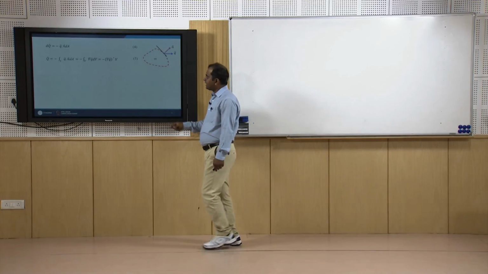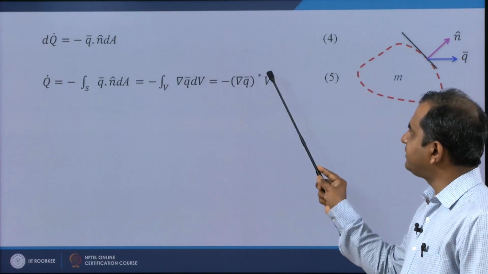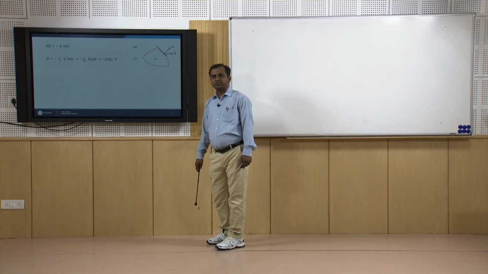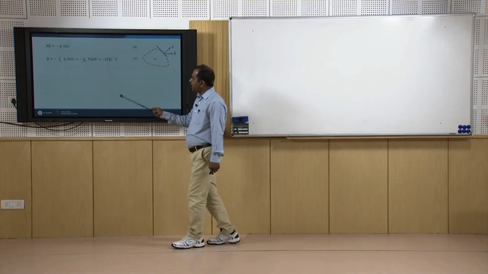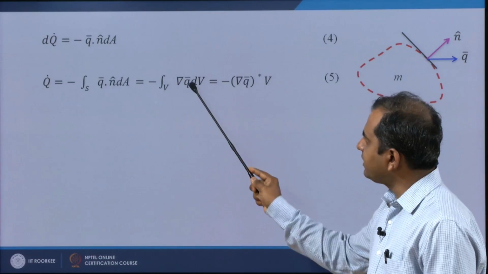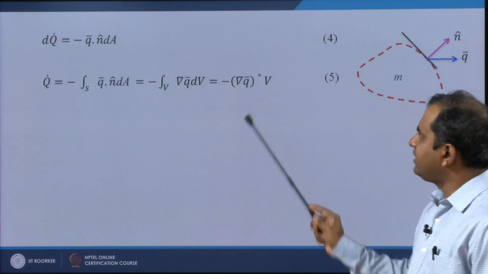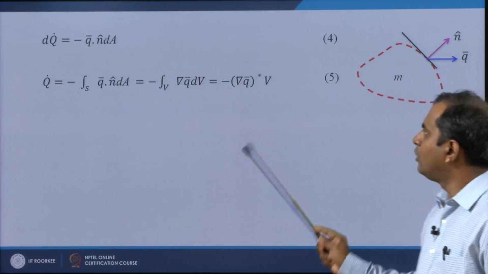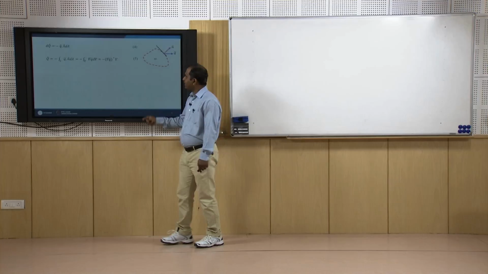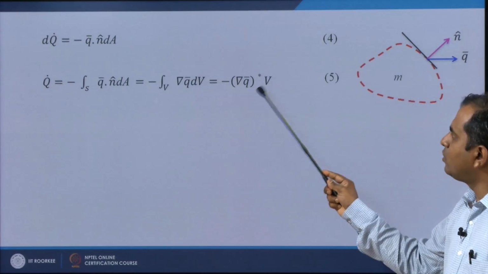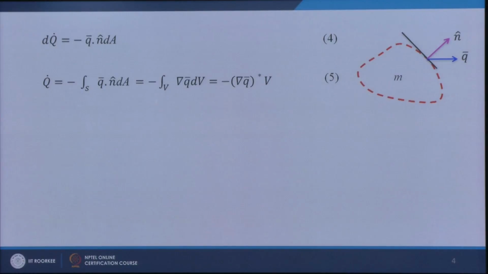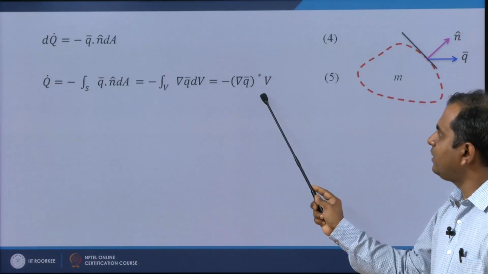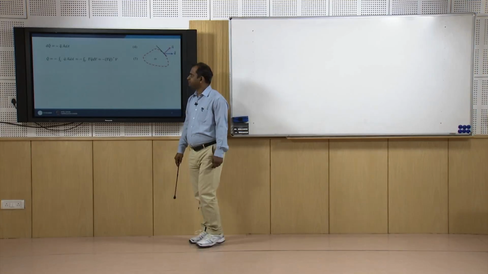That average property can be represented as q star, which can be taken out of the integration because it is averaged. Then the integration of dV over the volume becomes total V. So, I can write minus del q star into V. So, the total heat energy will be minus del q star into V.